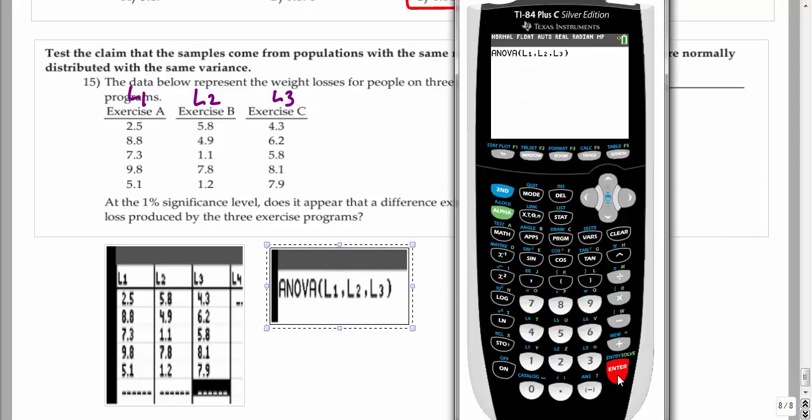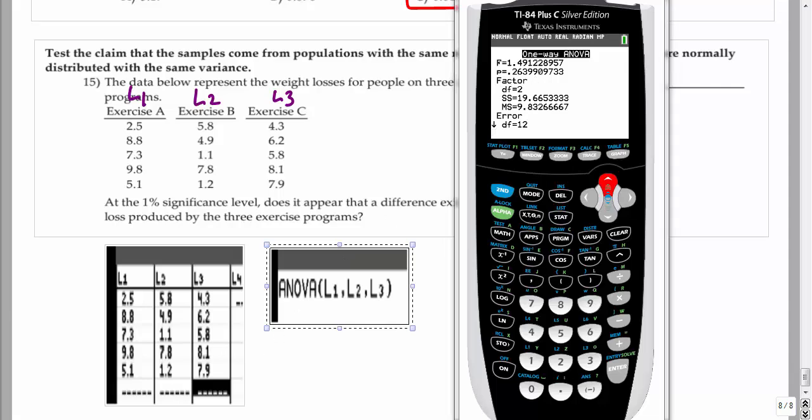And we hit enter. And this is all of my output right here. You can see we can scroll down to get to the rest of the information. But the information that we're really particularly interested in is right up here at the top.